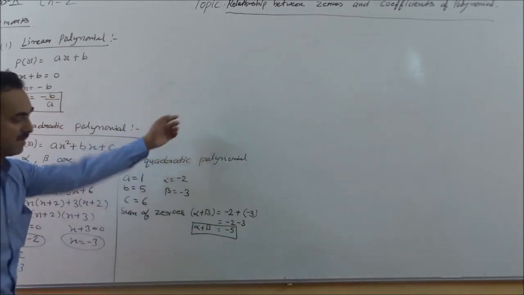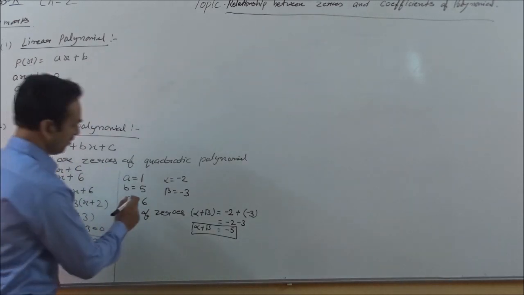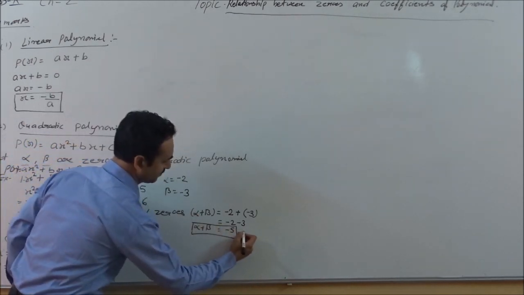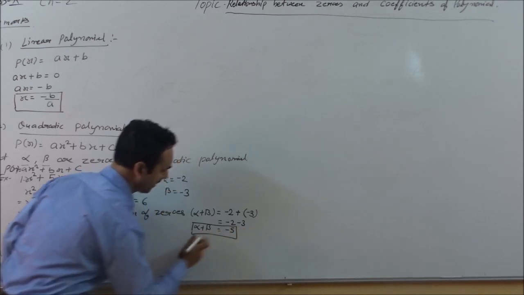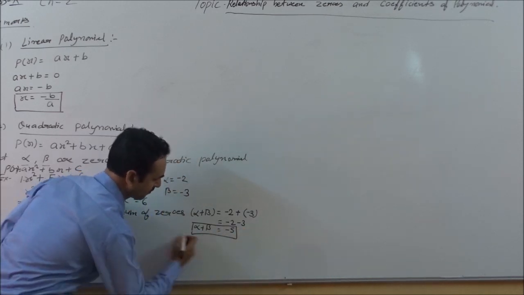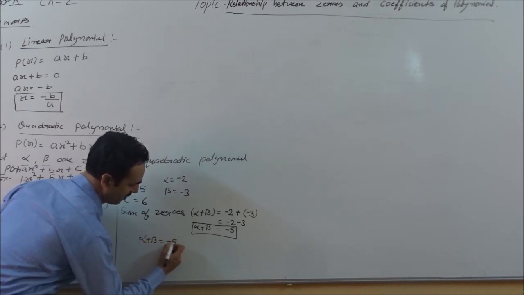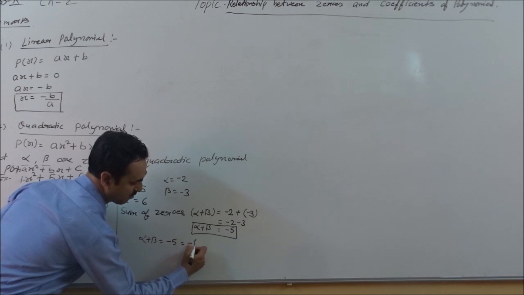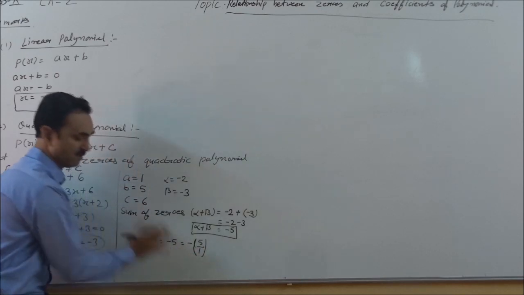Now you can see there is a relationship. Alpha plus beta equals minus 5, and minus 5 can be written as minus 5 upon 1.